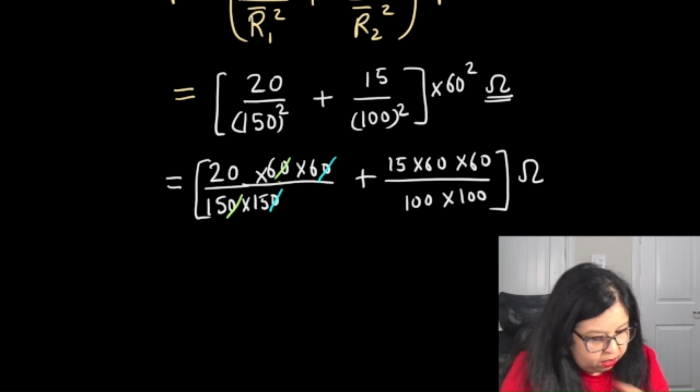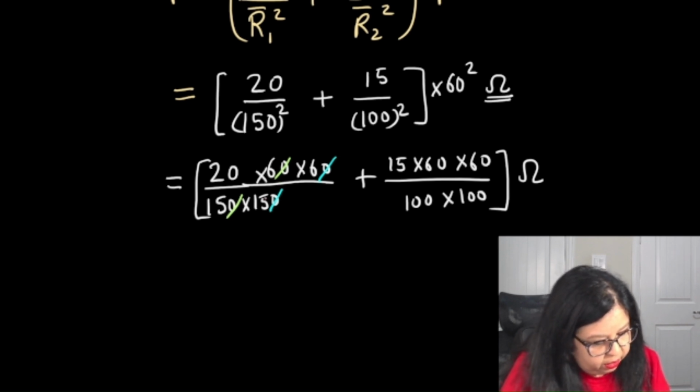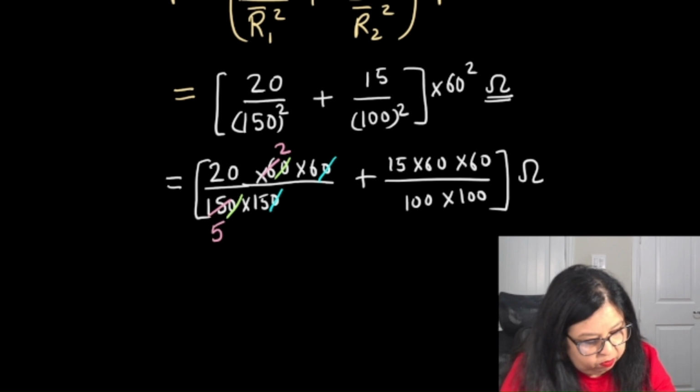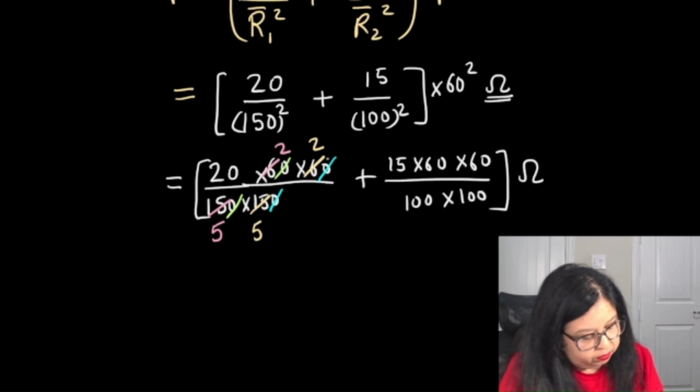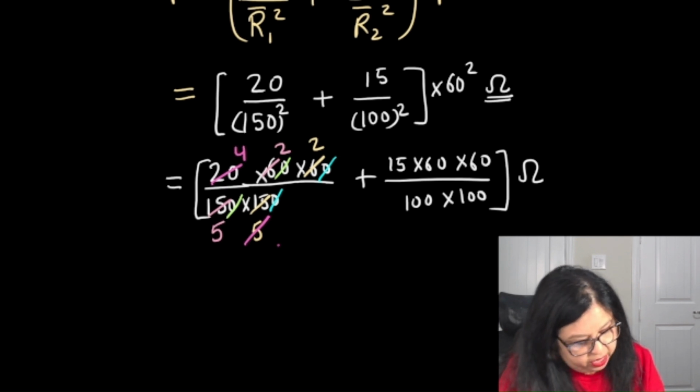And then, we're going to do 2 times 3 is 6. So 3 goes into 6 2 times. 3 goes into 15 5 times. Same thing over here. 3 goes into 6 2 times. 3 goes into 15 5 times. 5 goes into 20 4 times.